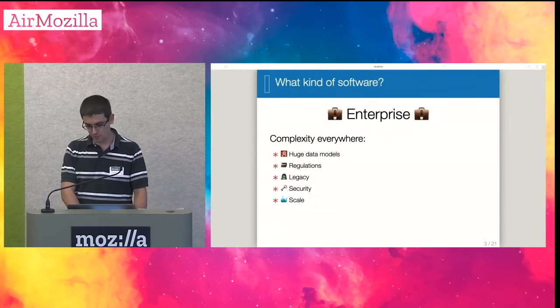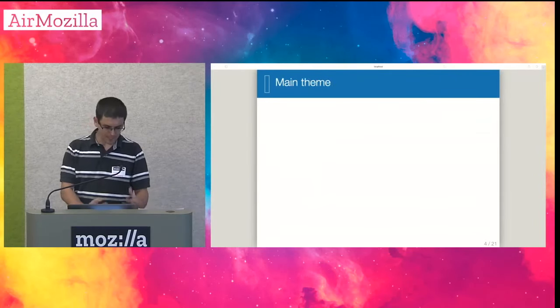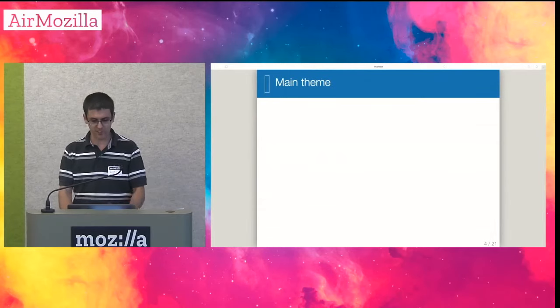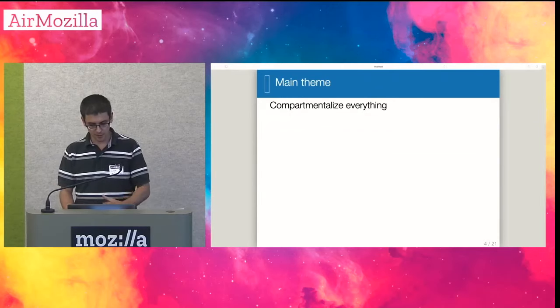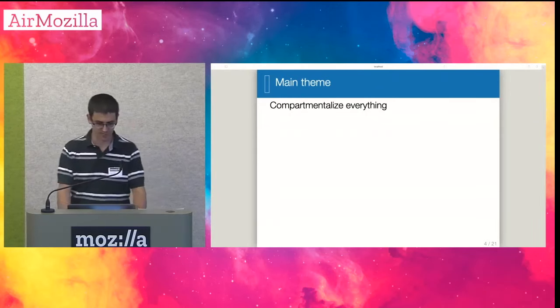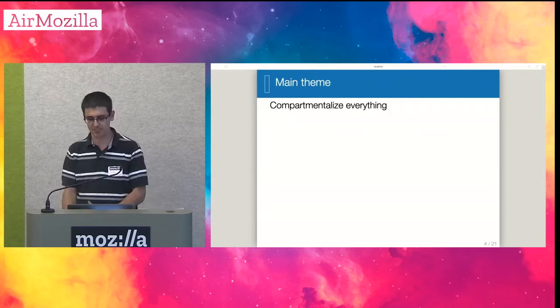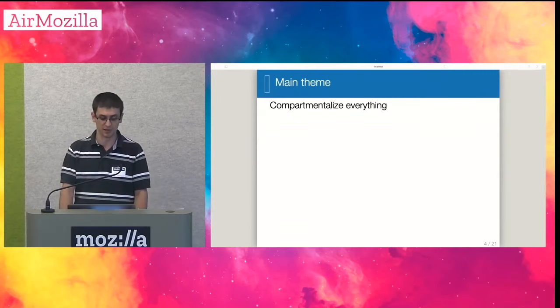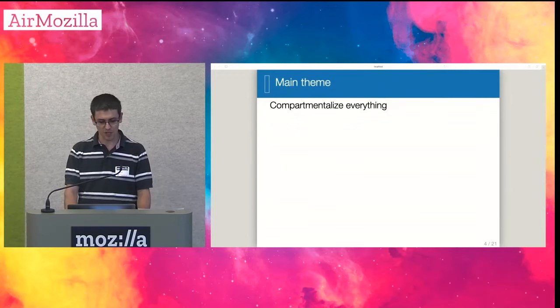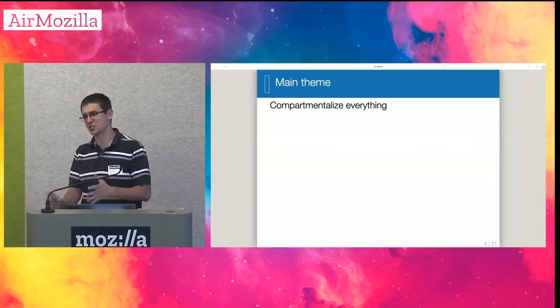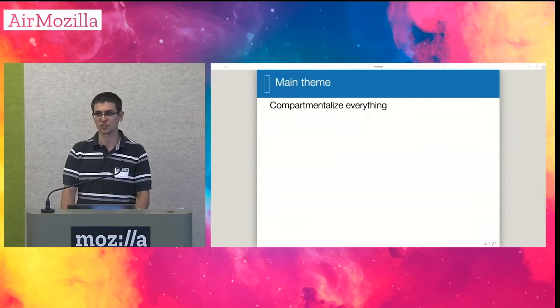And what I found is that the main theme of working on this kind of software is being able to compartmentalize everything. So build your software in pieces and decouple everything into smaller manageable pieces, which is kind of obvious, but in enterprise software it's really important. I was having discussions related to Rust on Hacker News, and one of the themes was, well, why won't you just switch this data structure to that data structure?